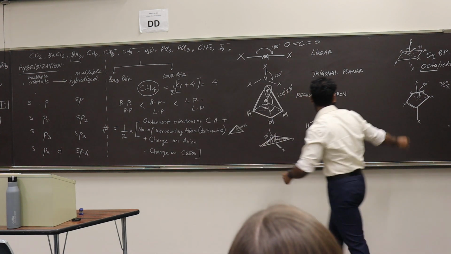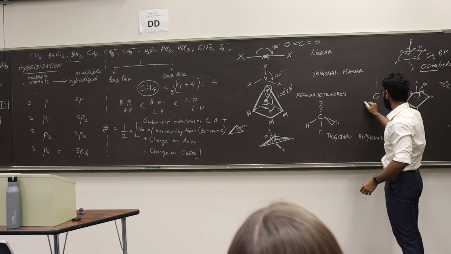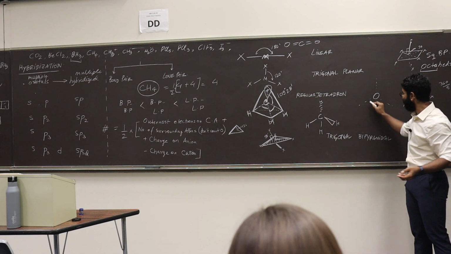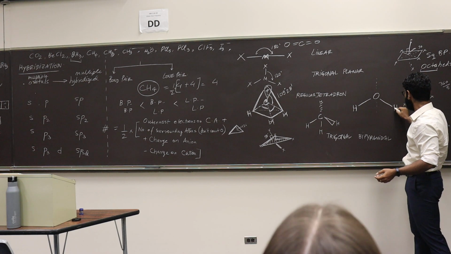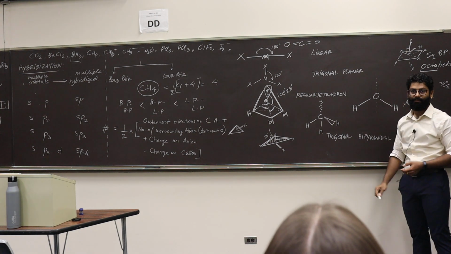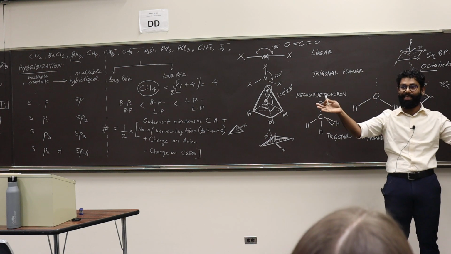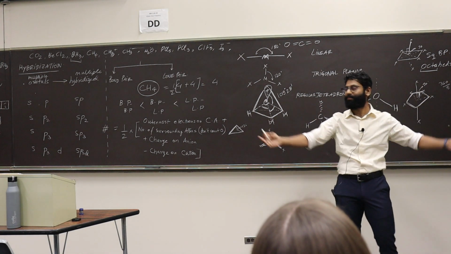But what's the actual shape? So there could be one here, here, here, here. So you put 2 H's here, and that's it. So anywhere you put, the shape that you're going to actually see is a V shape. It's like a bent V shape.